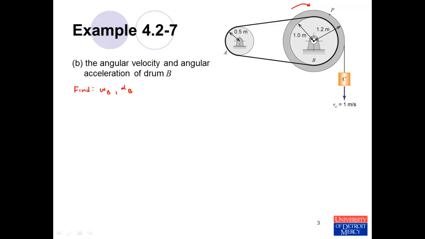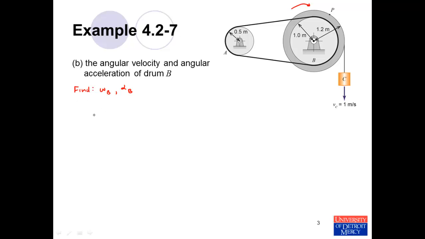Looking at this, since we have pure fixed axis rotation and we know about the motion of point P on the rigid body, we can relate the motion of point P, its velocity and acceleration, to the rotation of the drum.